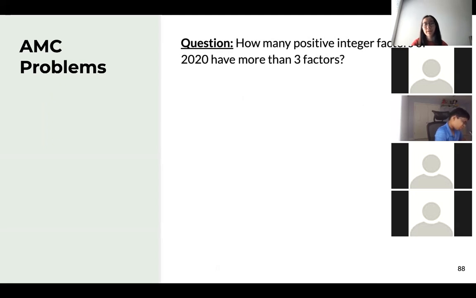How many positive integer factors of 2020 have more than 3 factors?